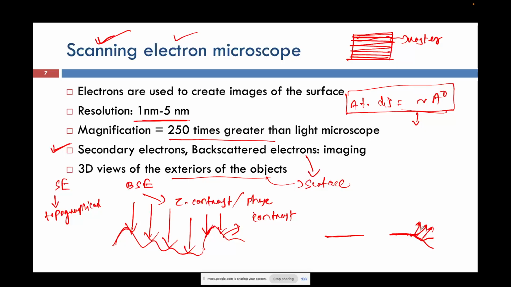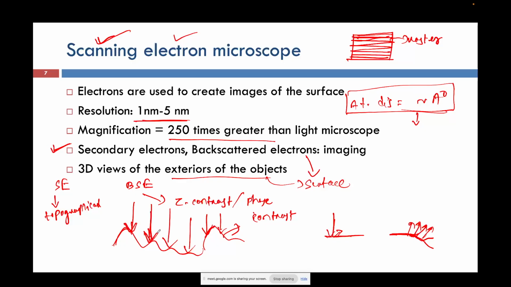Since the number of electrons emitted is very large, my detector can easily detect the secondary electrons after interaction with the specimen. So when my incident beam comes, and let's say these are the secondary electrons generated, due to this edge effect, a much larger amount of secondary electrons will be generated, and that will help me see the topography of the fracture surface.